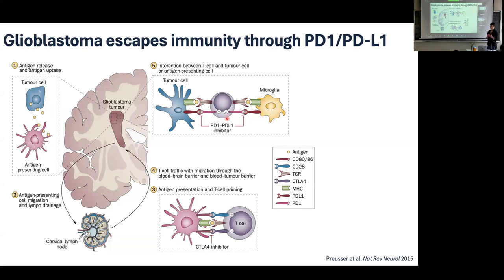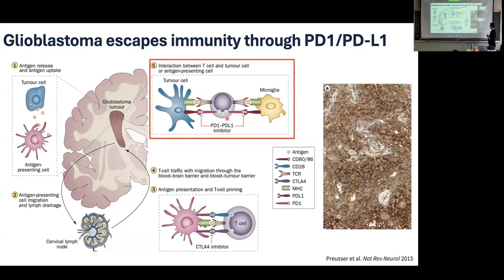Now, glioblastomas and other tumors have evolved under immune selective pressure to present PD-1 on the surface of their cells. And so this is why PD-1, PD-L1 inhibition, or immune checkpoint blockade, in solid tumors has been successful for a variety of different tumors. And you would think that it would also be successful in glioblastoma.